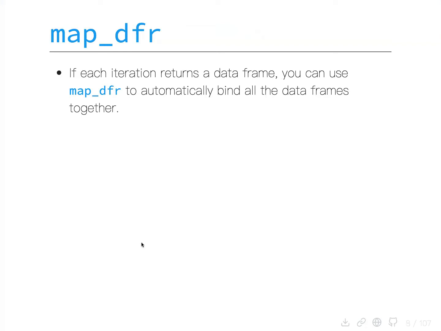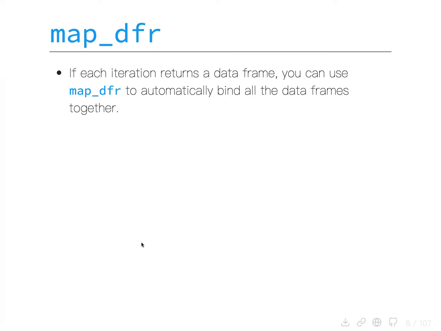Okay. Map DFR. So when you're running through your iteration, like with map character, right? If the return value each time was an atomic vector of type character of length 1, then you could use map character and you get an atomic vector back in return.